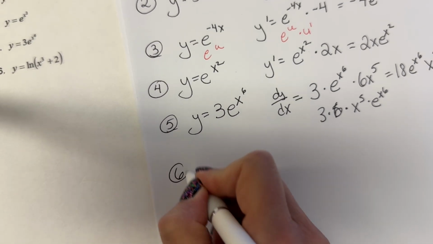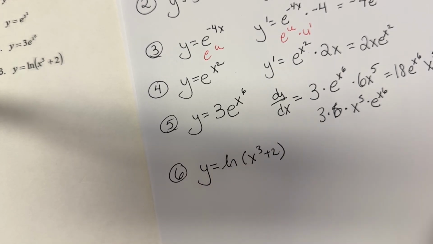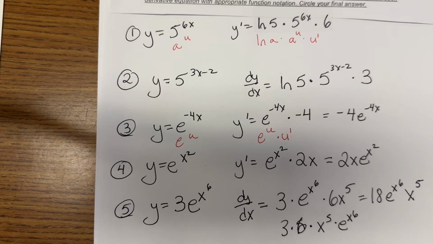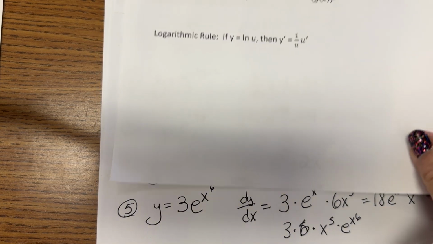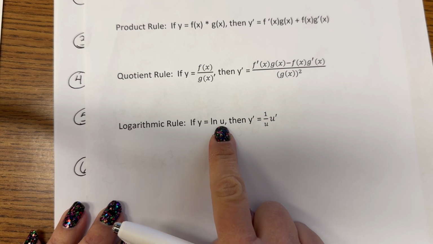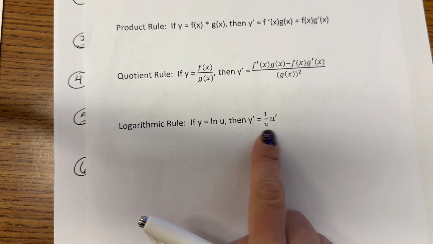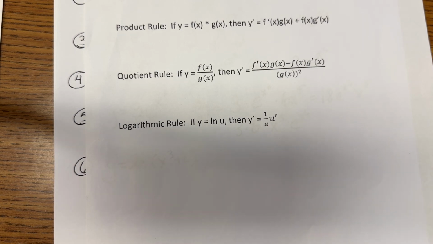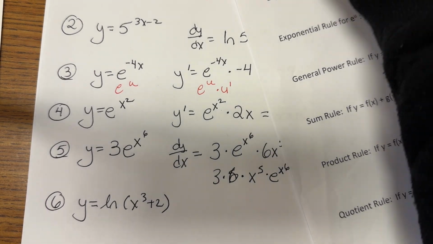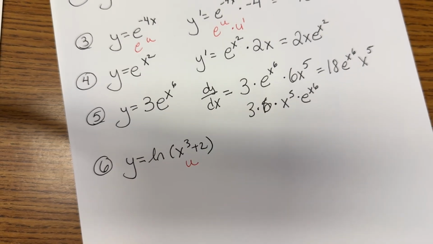All right, number 6. Now we have an ln function. All right, ln, on our rules here, ln of the argument goes to 1 over the argument times u prime. This is the u.